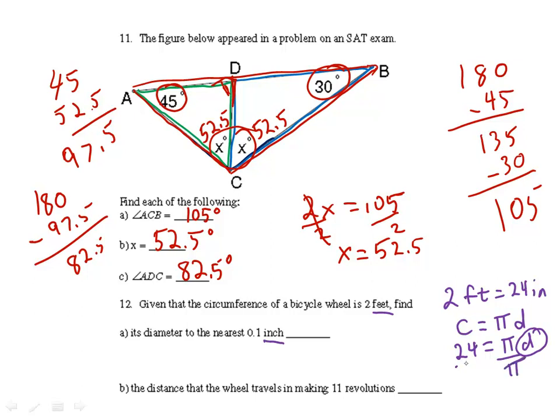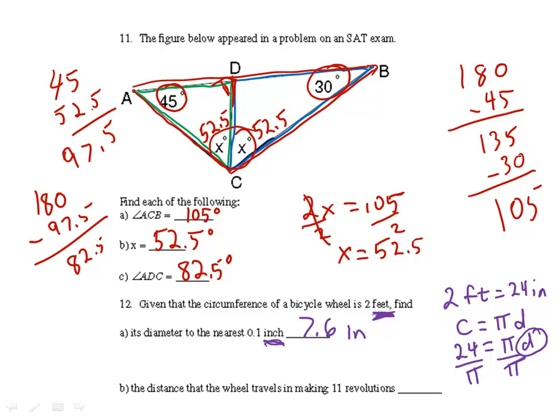So we get our answer by 24 divided by pi. If you do that, you get approximately 7.6 inches. The mistake some of you might make on the test is you don't catch this, feet, inches. Make your conversion first. And then just use circumference equals pi times diameter to figure out the diameter.